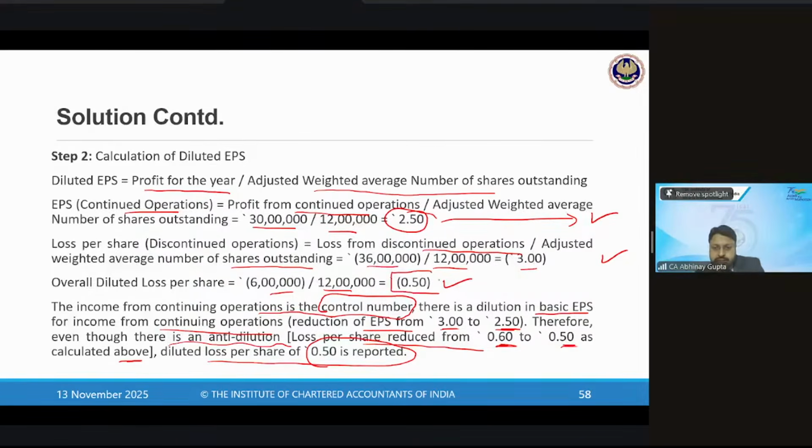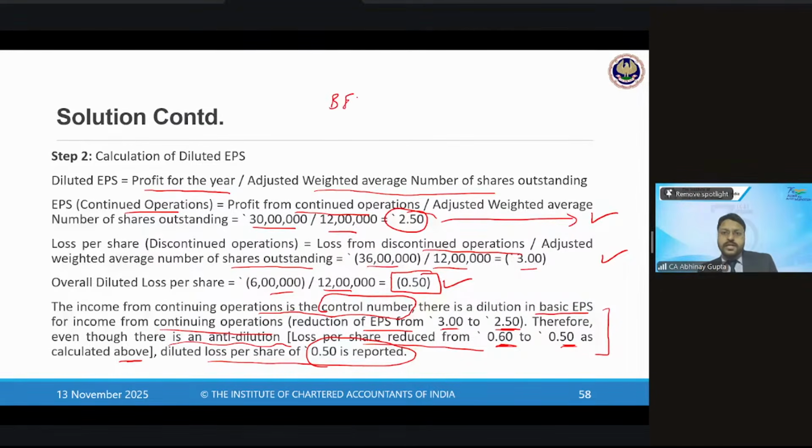Now, while calculating and answering this, did you think about this? No. You simply calculated and luckily your answer was correct. Because the standard says if my basic earning... So there are three earning per share.